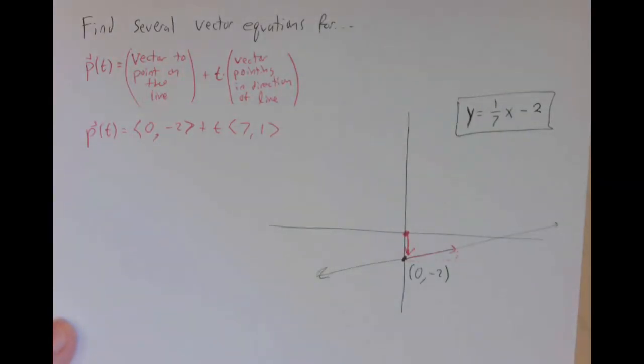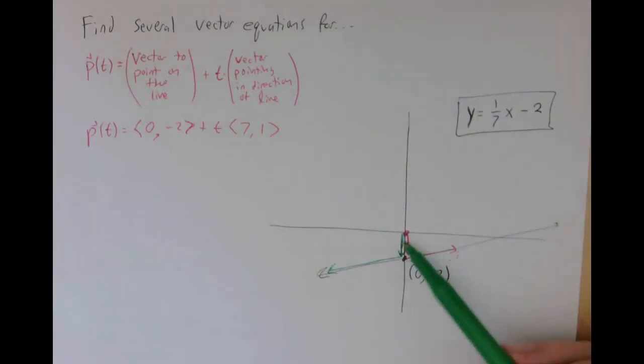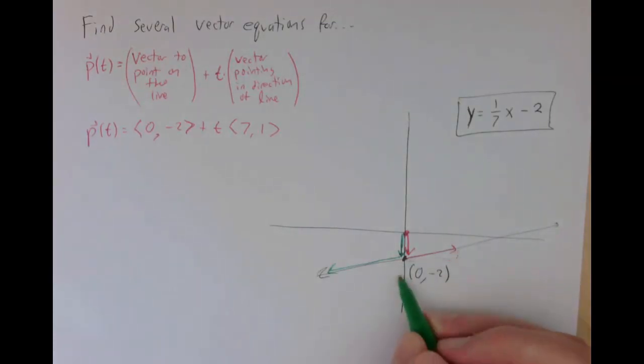We could also do this. We could do a vector that points down to 0, -2, but then instead of going over 7 and up 1, we could go left by 14 and down by 2. Because that's going to be pointed in the same direction, but it's going to be twice as long in this opposite direction.